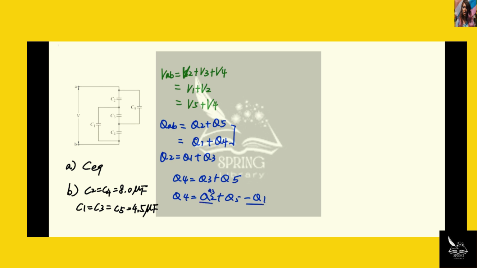So we are not getting anything new from this equation. We only have three independent equations for charge and three independent equations for the voltage. So we will need to find the equivalent capacitance from these 6 equations.